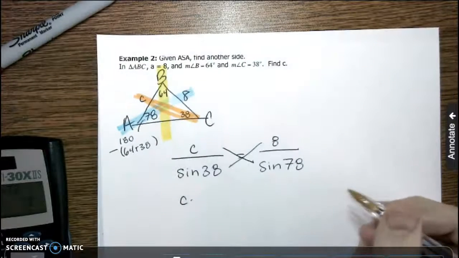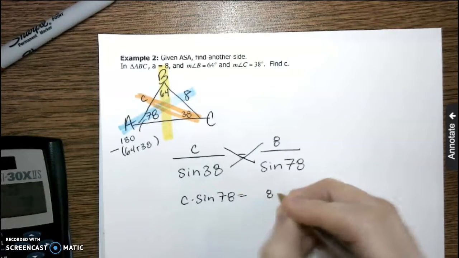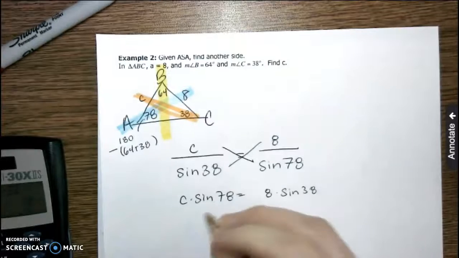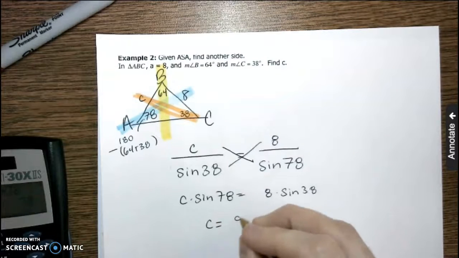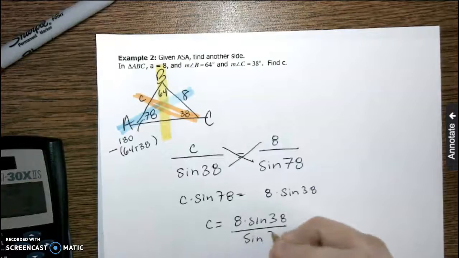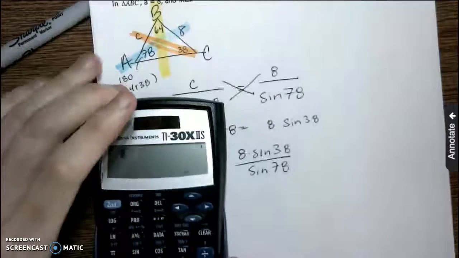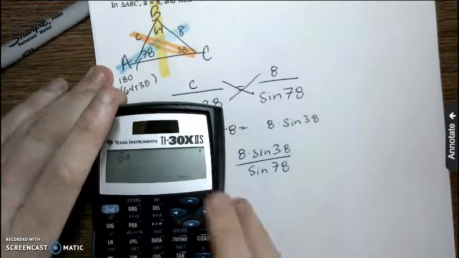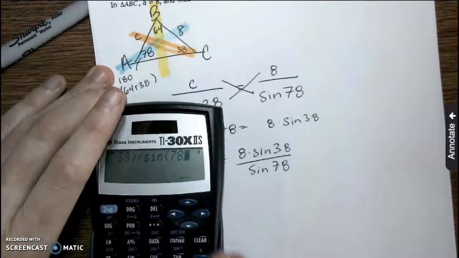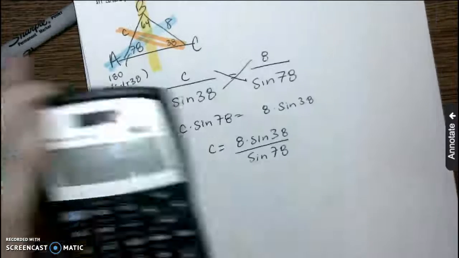So we're going to have C times sine 78 equals 8 times sine 38, and divide by sine 78 on the other side to isolate your C. Type that all into your calculator. You're going to have 8 times the sine of 38 divided by the sine of 78. And I'm getting 5.04 if you round.